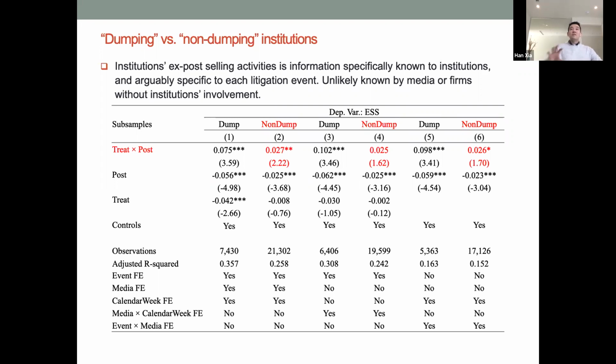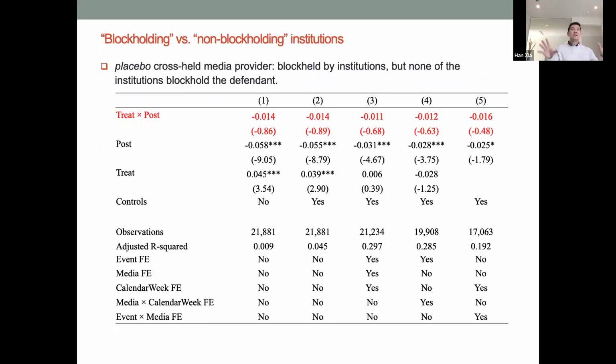All right, so this is the first table, and the second table is where we strip out the pumping part. So what we do is the following. We are going to look at a set of institutions that also block hold the medium firm, which means that they can influence the medium firm. But different from before, now they are just holding a small part of the defendant firm.